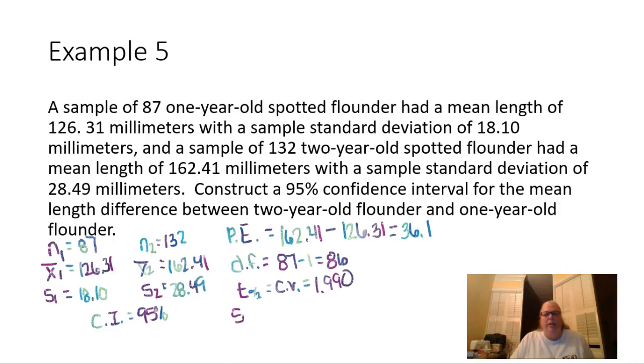We need to have the standard error. The standard error is just the bottom half of the formula for the critical value, or the t-value, when we were doing the p-value method a second ago.